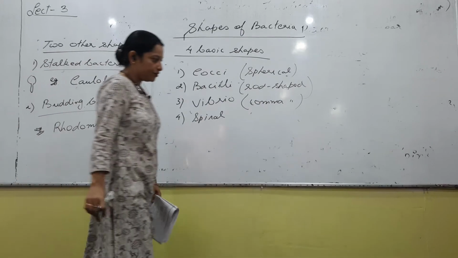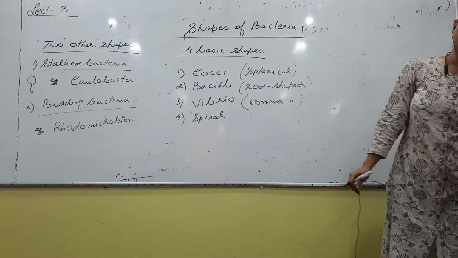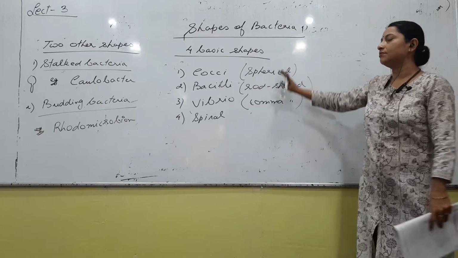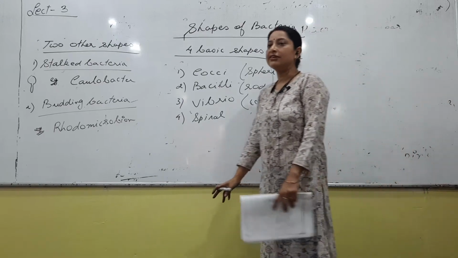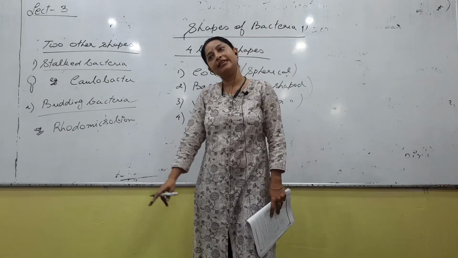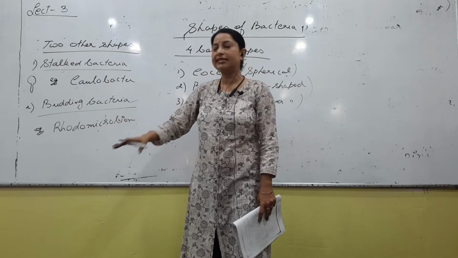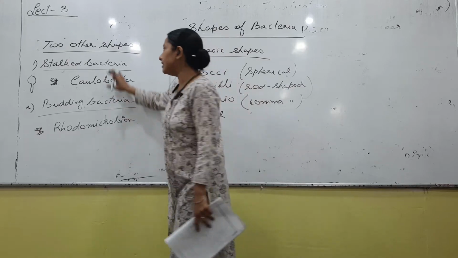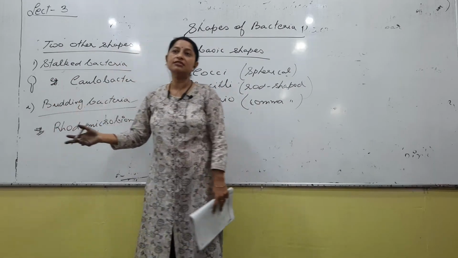Apart from the four basic shapes, you have another two shapes, that is stalk bacteria and budding bacteria. Why is it important? These two names are important because this is something very common. When we use the word budding, we generally remember yeast and hydra, but it is also associated with bacteria. One type of bacteria that undergoes budding is called budding bacteria, for example Rhodomicrobium. Stalk bacteria will have a stalk-like structure, and so it is called stalk bacteria.